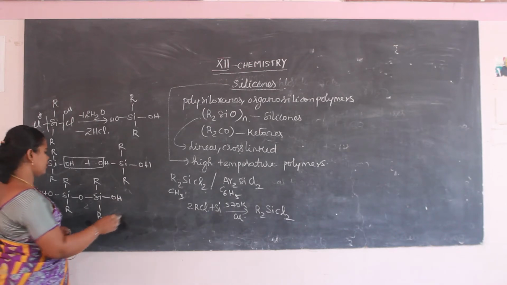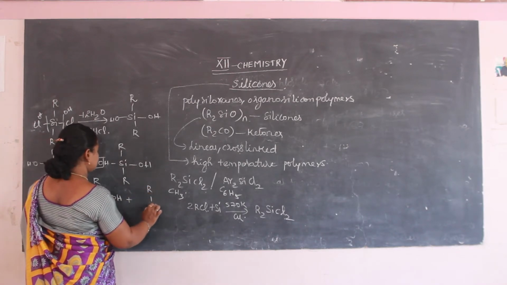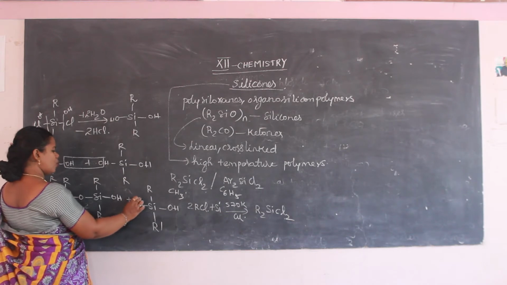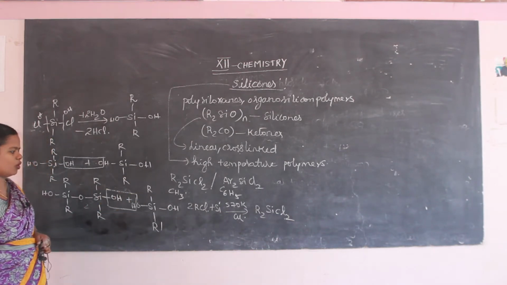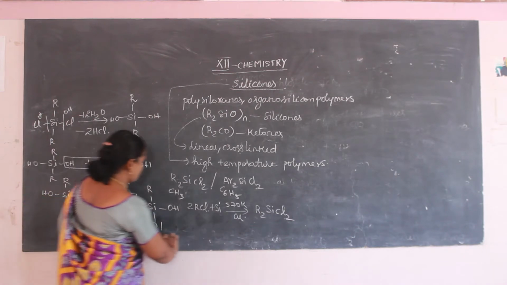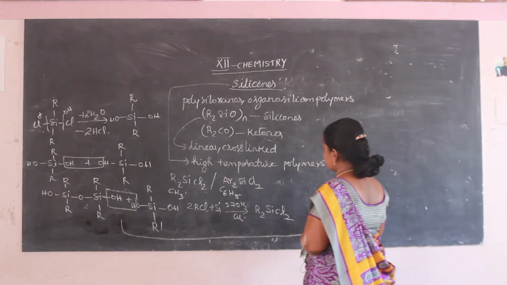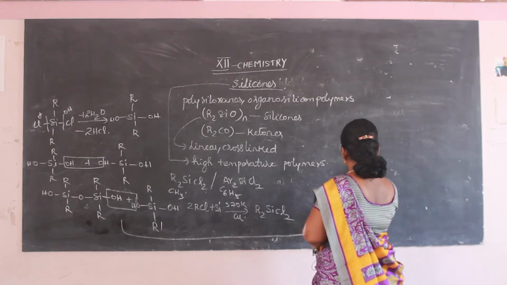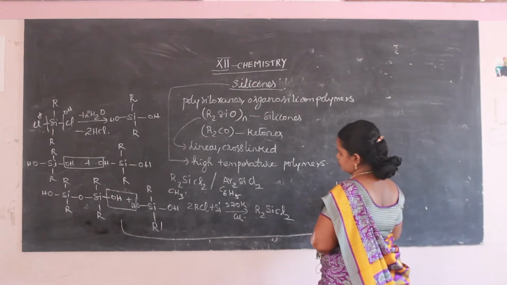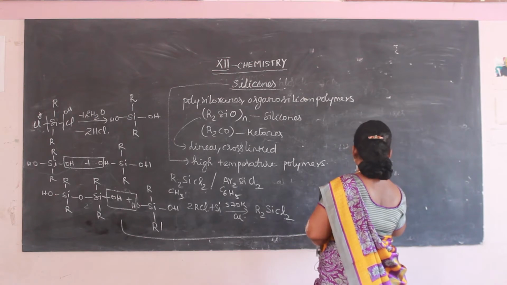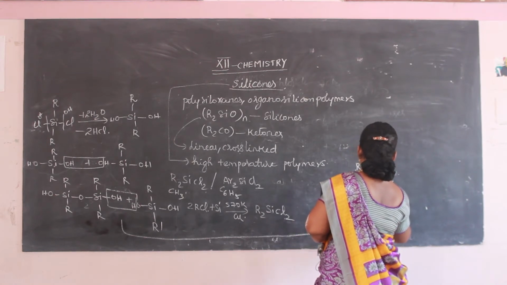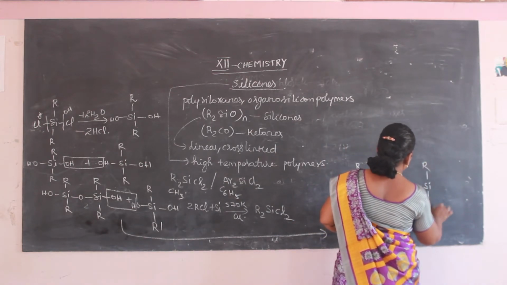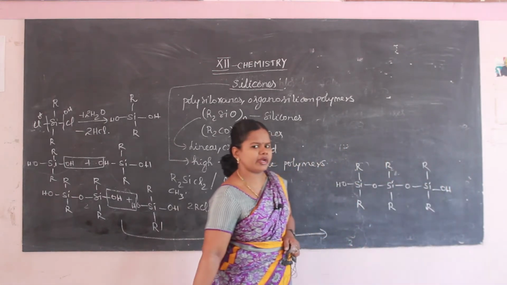Again I add another unit, and one molecule of water is removed. Likewise you will get a linear polymer.